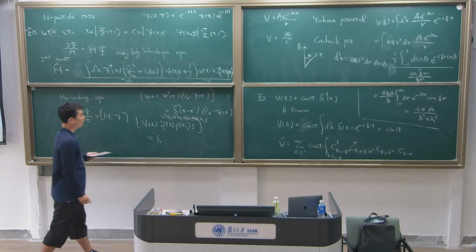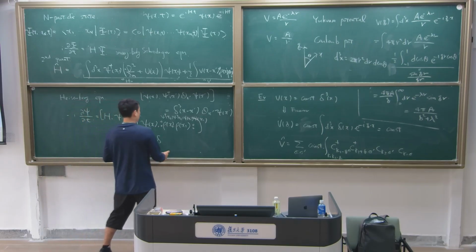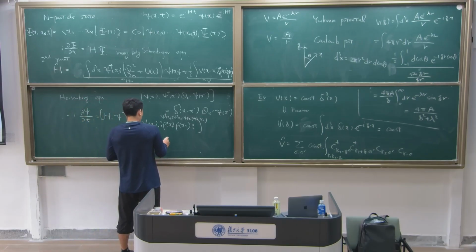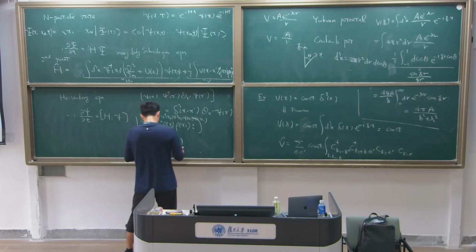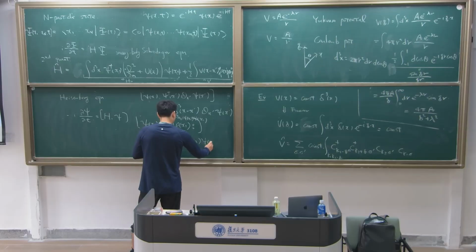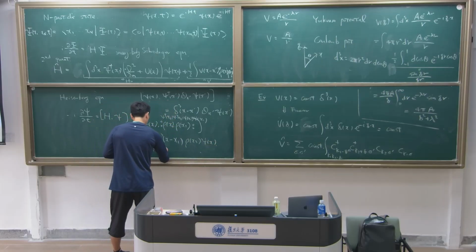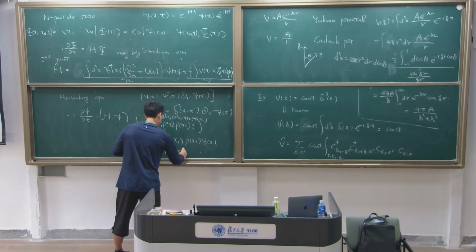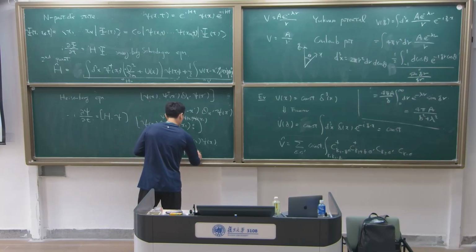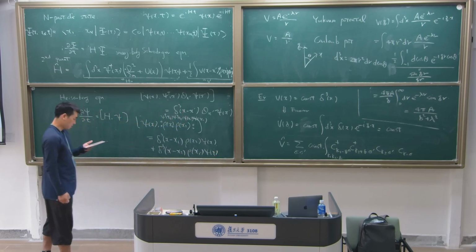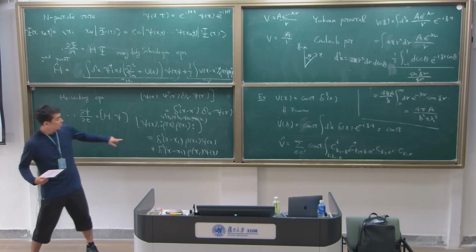Therefore, what you get is delta cubed of x minus x1 times rho of x2 psi of x, plus delta cubed of x minus x2 times rho of x1 psi of x.